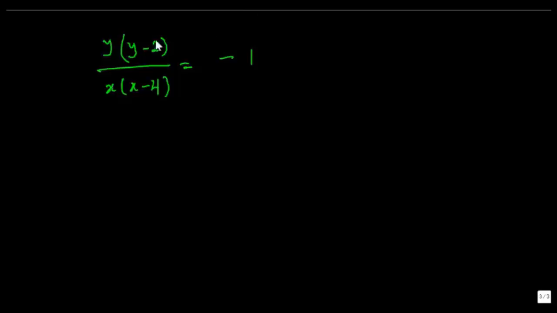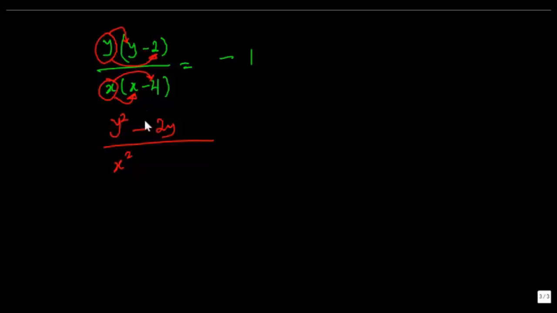So we have y multiplied by y, so we have y square. Then y multiplied by minus 2 gives minus 2y, all over x multiplied by x, which gives x square, and x multiplied by minus 4 gives minus 4x, equal to -1.